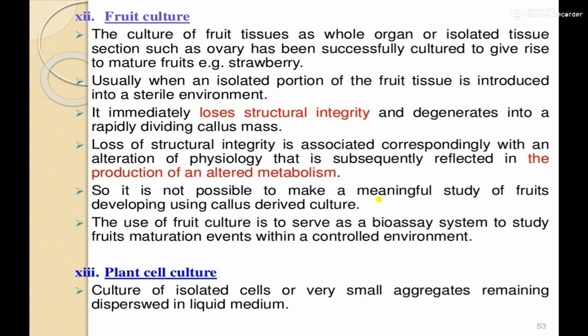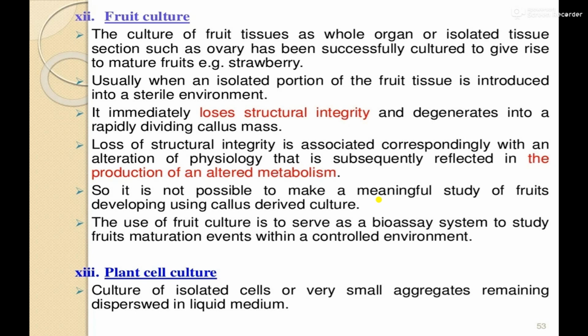So the use of fruit culture is to serve as a bioassay system to study fruit maturation events within a controlled environment. So these are all about the fruit cultures. Then next one, that is plant cell culture.